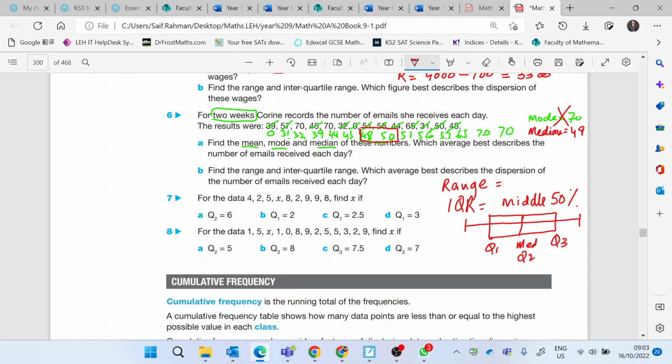Here are the values, which you should write first in ascending order: 2, 2, 4, 5, 8, 8, 9, 9.